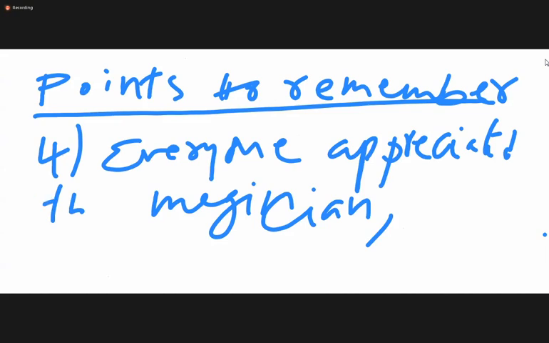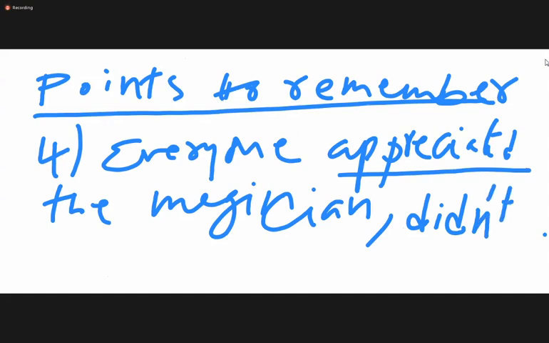Here, appreciated, a helping verb is not there. I have already told you, when a helping verb is not there, use the proper do form. It is in the past tense, that is why we use did. The statement is positive, so the tag must be negative: didn't. For everyone, they is used as the pronoun. So "Everyone appreciated the magician, didn't they?" is the answer.